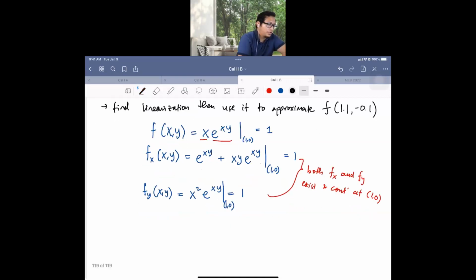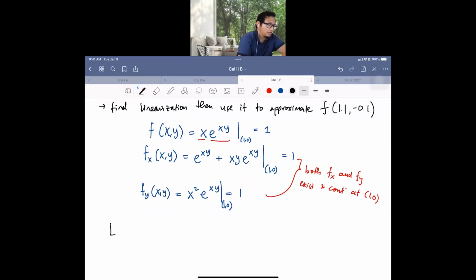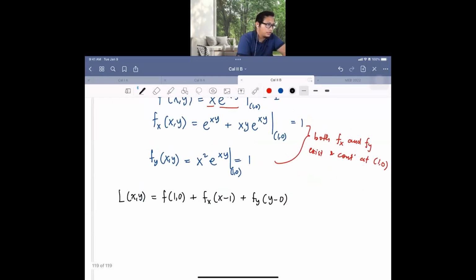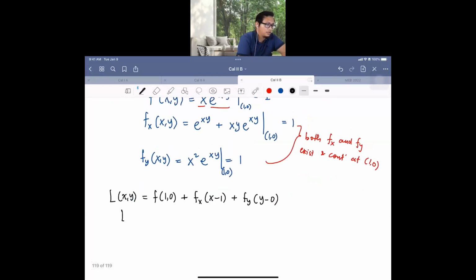Now the linearization at 1, 0. This is 1 plus x minus 1 plus y.